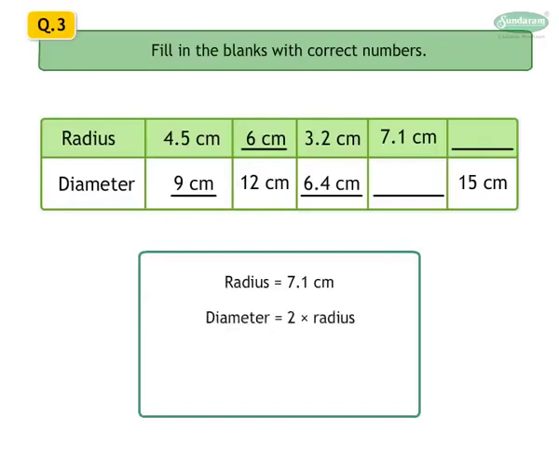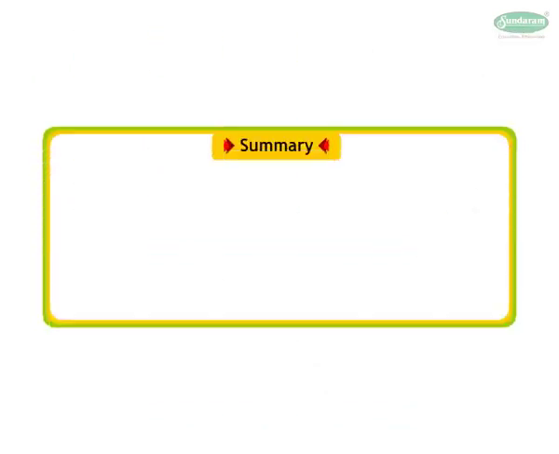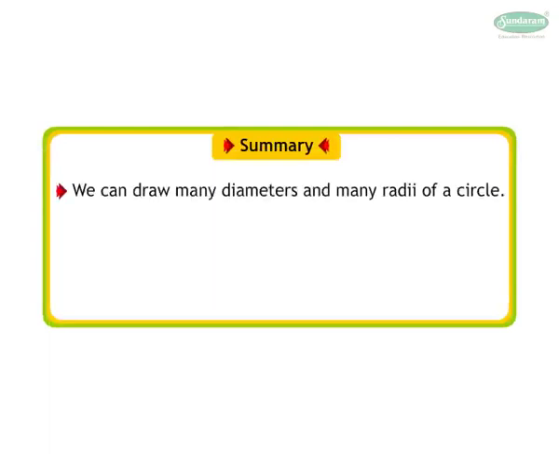Diameter is equal to 2 into radius is equal to 2 into 7.1 is equal to 14.2 centimeters. Diameter is equal to 15 centimeters. Radius is equal to diameter upon 2 is equal to 15 upon 2 is equal to 7.5 centimeters. Let's summarize. We can draw many diameters and many radii of a circle.